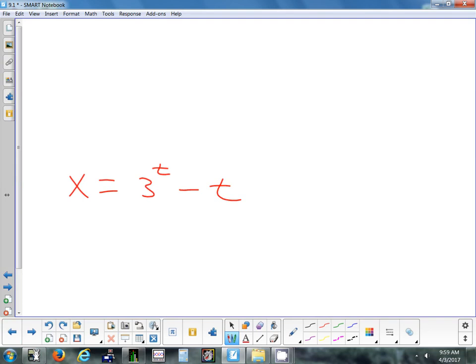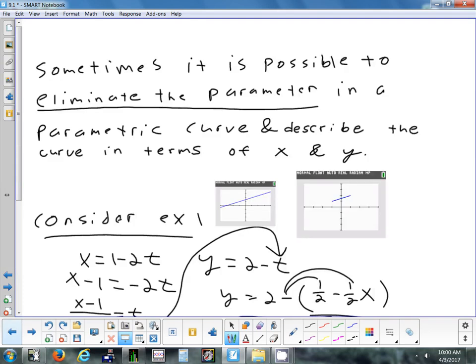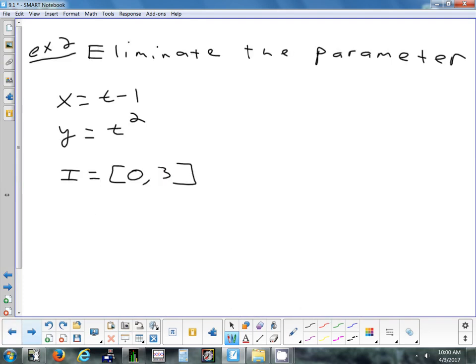If I got rid of the t on the end, then you could just take a root of both sides. But the problem here is if you've got it as an exponent and a term, it's impossible to use algebra to isolate t. So if I give you a problem to eliminate the parameter, it will always be doable. But if you just make one up randomly, it might not. This is one that's doable.